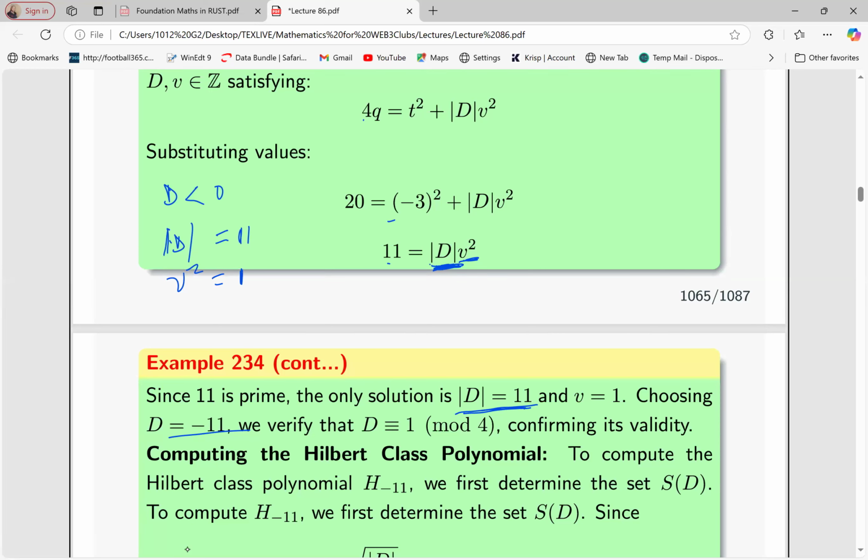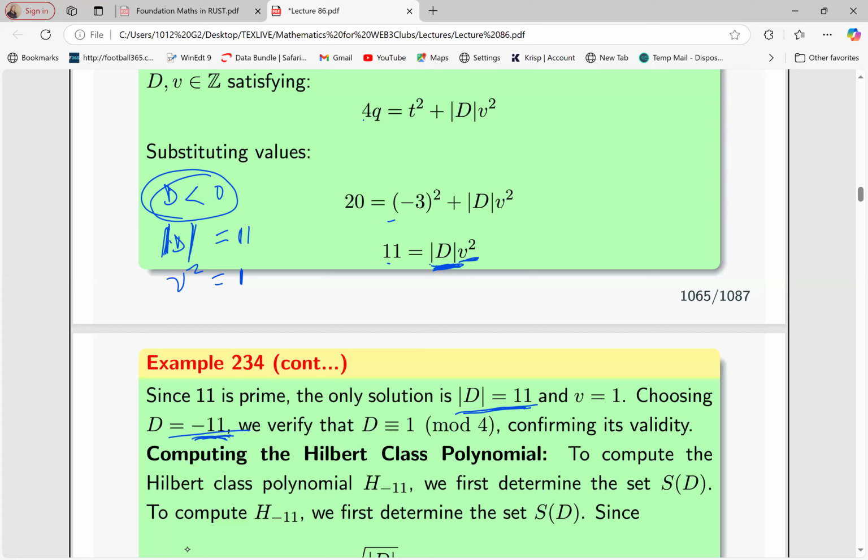So the magnitude of D means whatever is inside the modulus could be negative or positive. Since we need D to be less than 0, we take D to be -11 because of that condition.